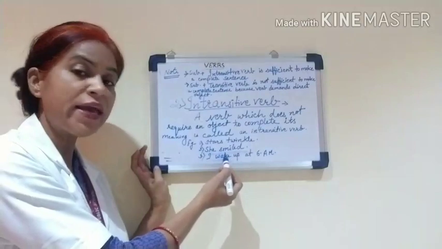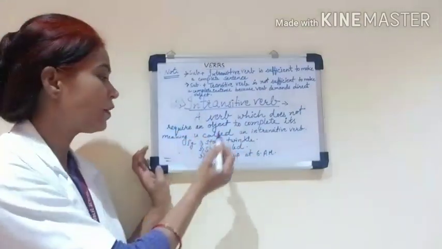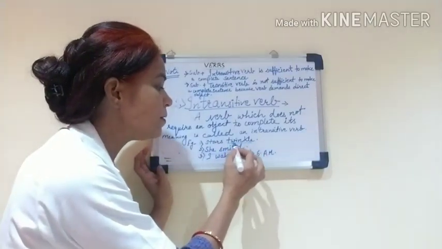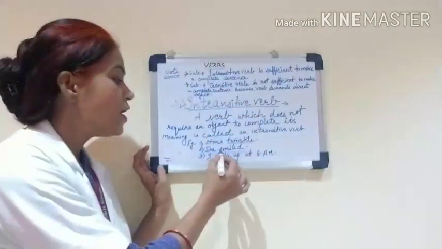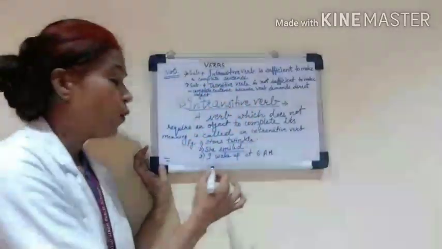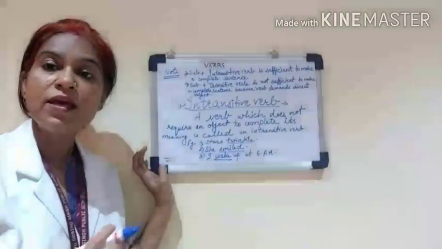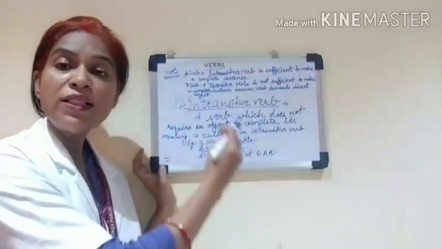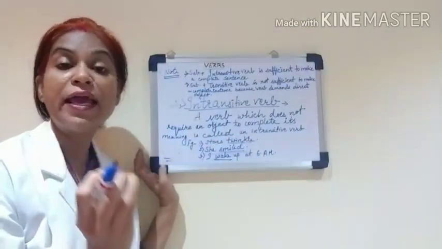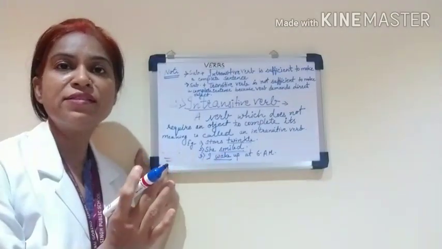I wake up at 6 a.m. Stars twinkle. Twinkle is a verb. Smiled is a verb. Wake is a verb. See, all these verbs don't require any object to complete their meanings.